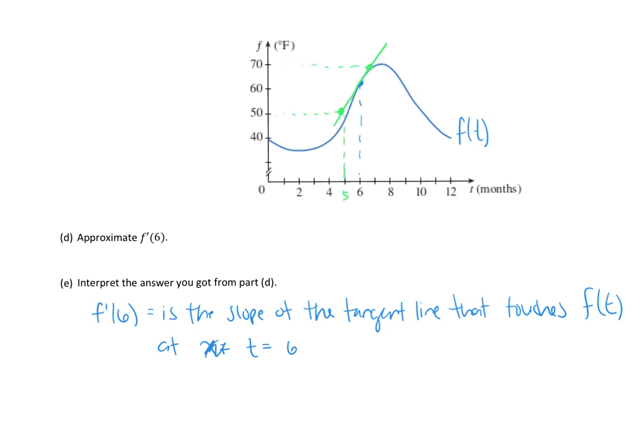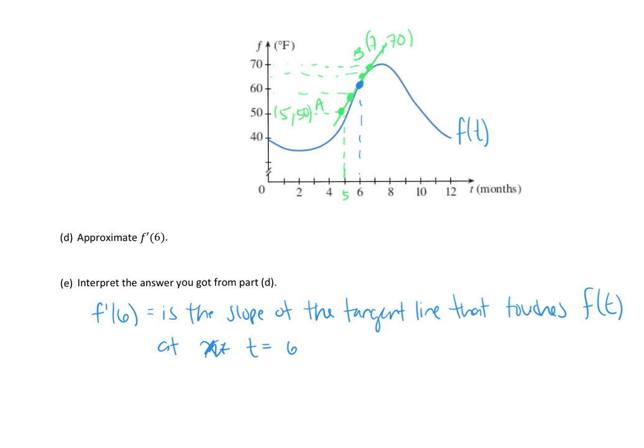Notice that I'll call this point A and point B. The 2 points that I've chosen are not as close to the point at t equals 6. I could choose points closer to it, but then that just means that I'm estimating a little bit more. So again, this is an approximation. So using point B, that looks like it's approximately 7, 70. And then point A again looks like it's approximately 5, 50.